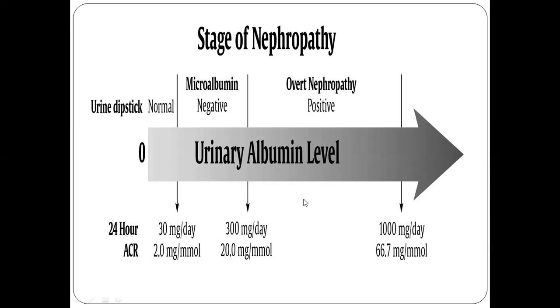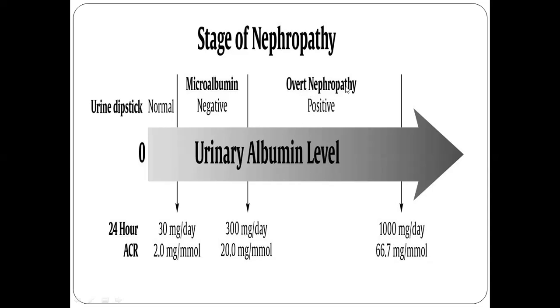If the value is 300 mg to 1000 mg per day, that is overt nephropathy. That is macroalbuminuria, so this is positive. We'll get positive as 1 plus, 2 plus, 3 plus, 4 plus like that.